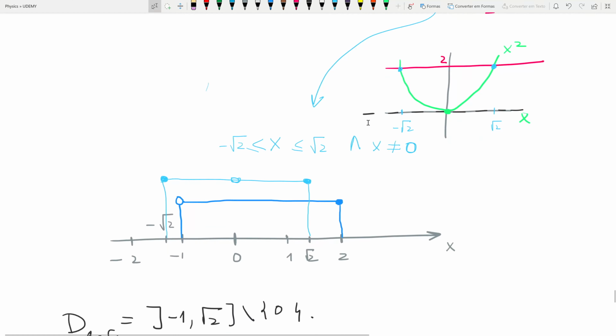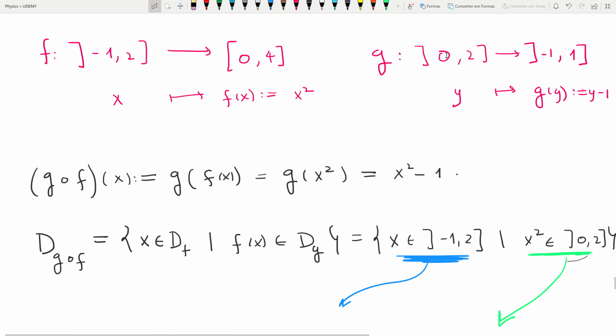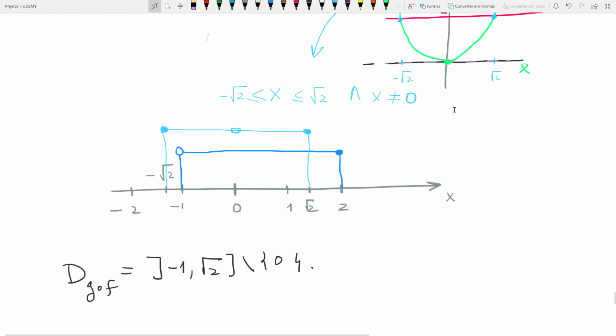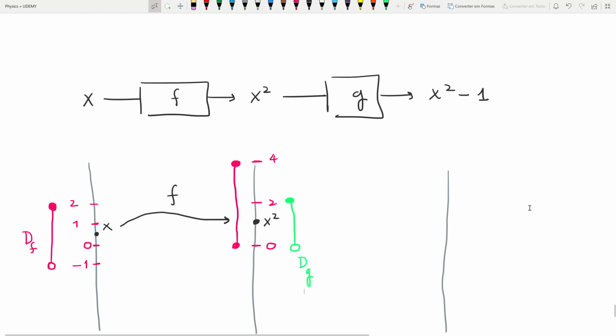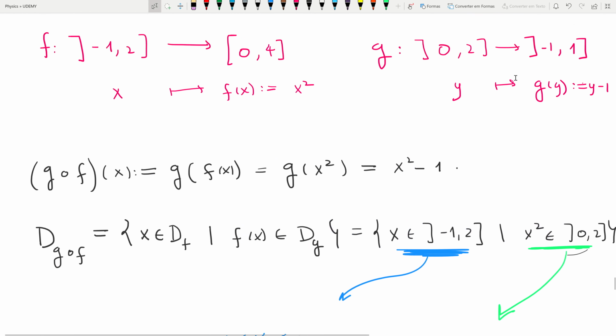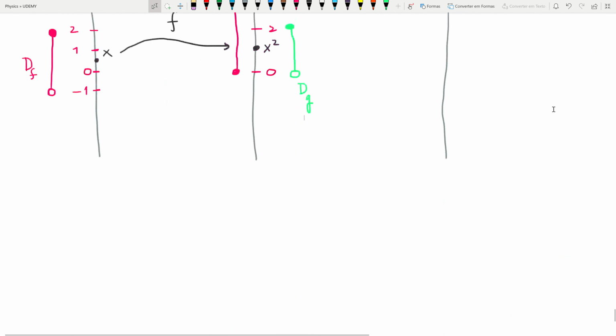Now let's repeat the same idea, but for our second function, the g function. So the y lives between 0 and 2, excluding the 0. So let me draw it from 0 open, from 0 up to 2. This is the domain of g. And now let me draw the range. The range is from -1 up to 1. So let's draw it.